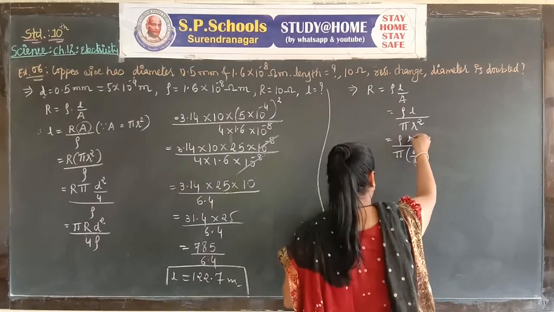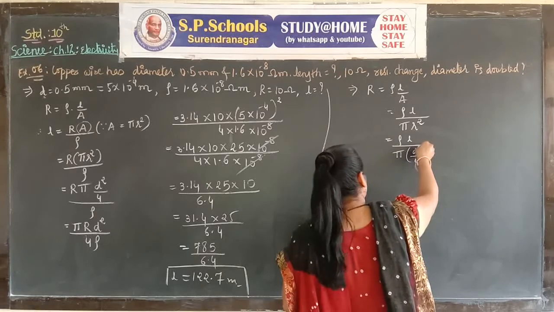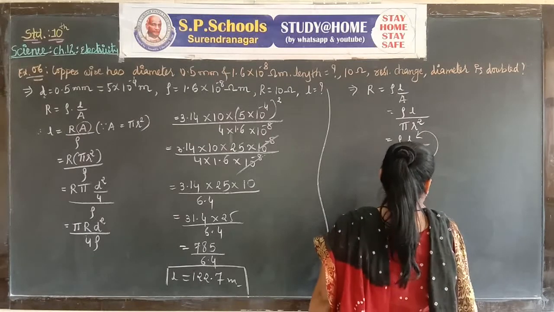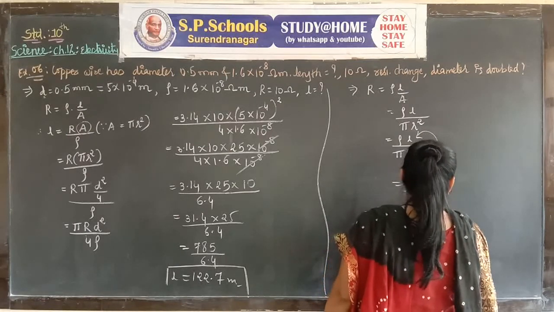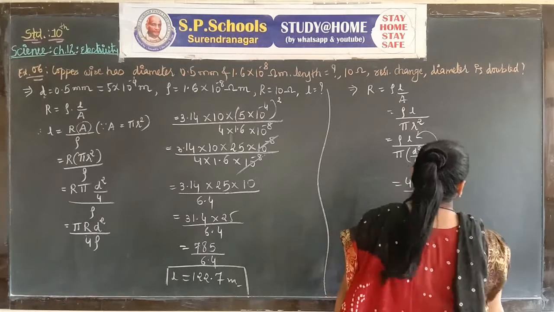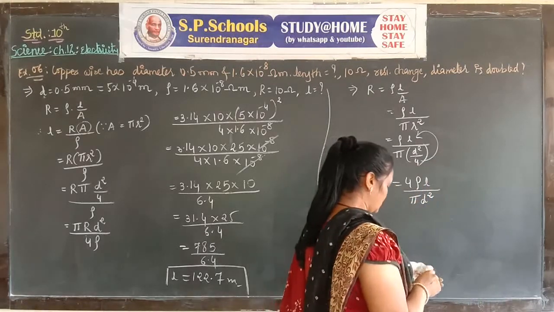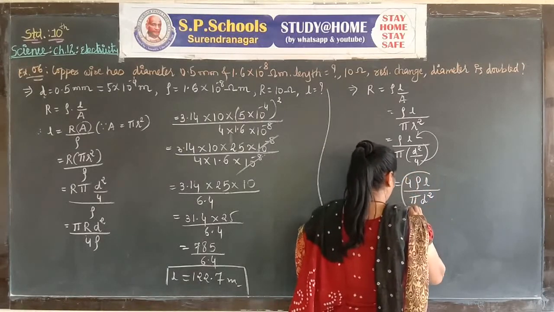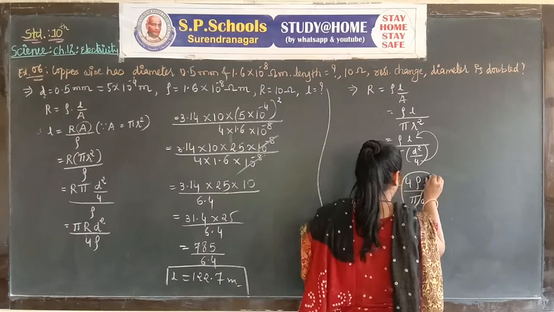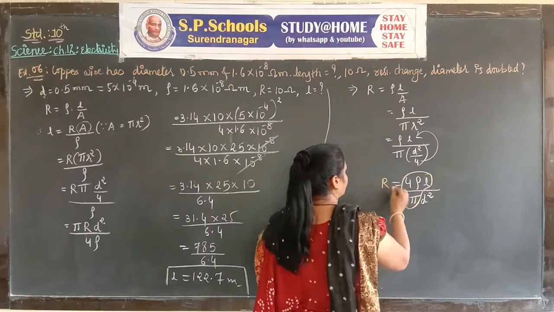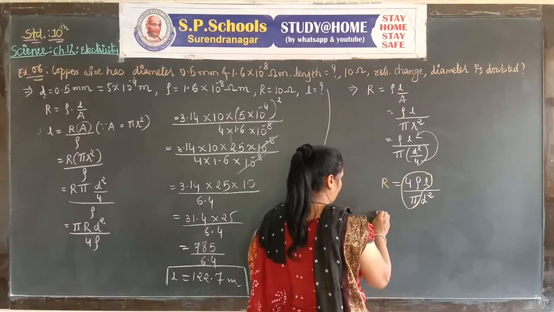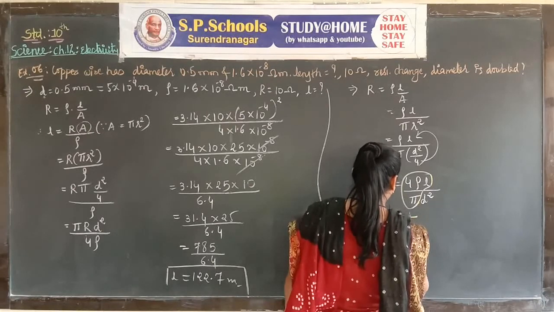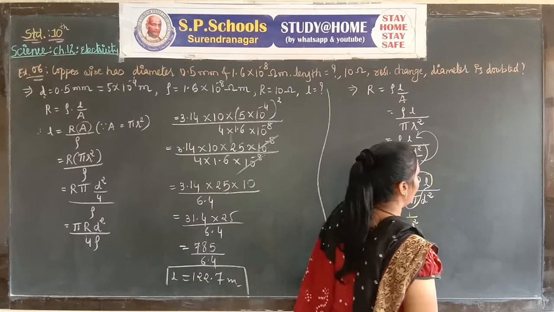The 4 goes into the numerator, so R is 4 rho L upon pi d square. All these values are constants, so when we remove the constants we write R is directly proportional to 1 upon d square.